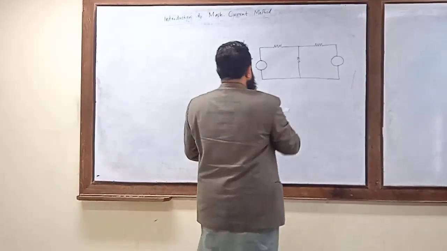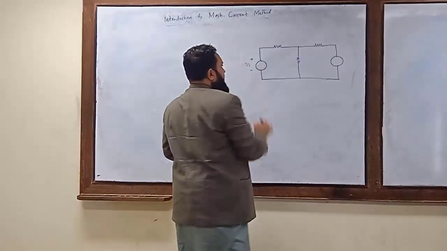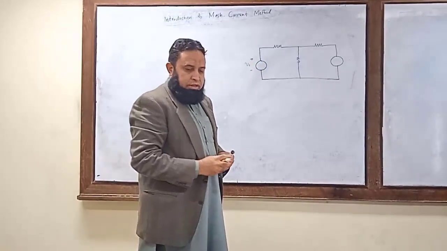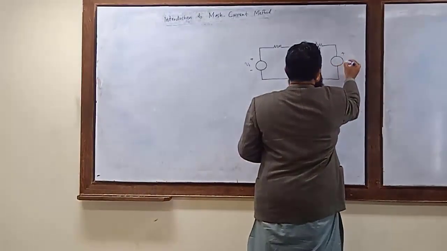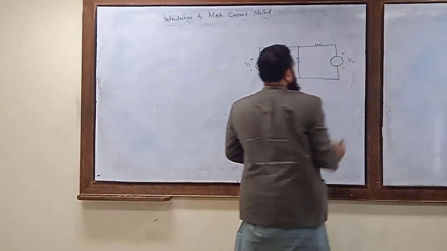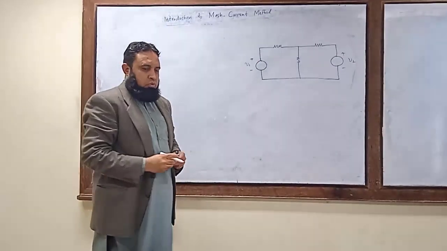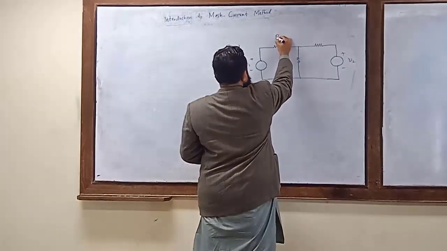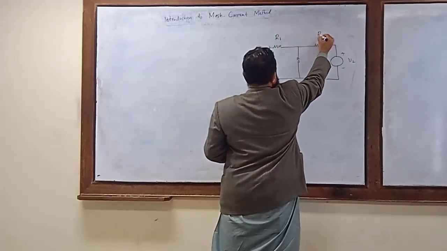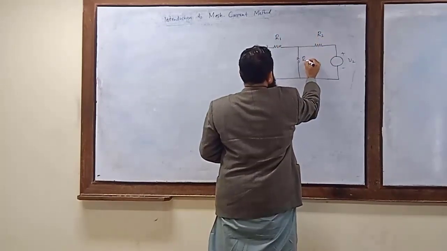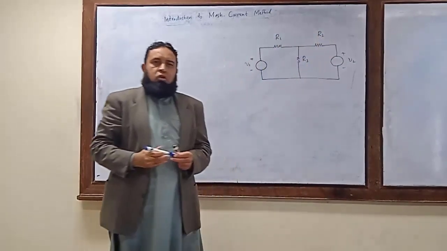Okay, so let us consider this voltage is V1 and this voltage source has voltage V2, and we have resistance R1, we have resistance R2, and we have resistance R3 ohm.